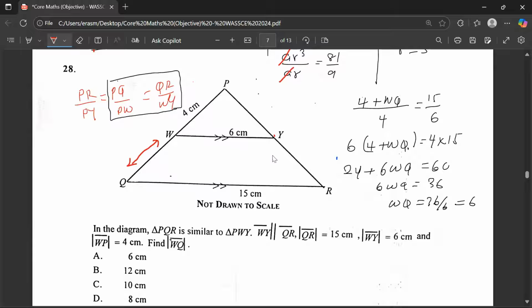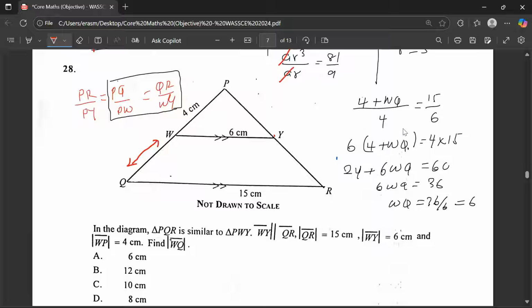And where is QR? This is QR, 15 on WY, 6. Sorry, I made a mistake, we had to find WQ. It's not PW, rather WQ, this part, right? Yeah, that is it.